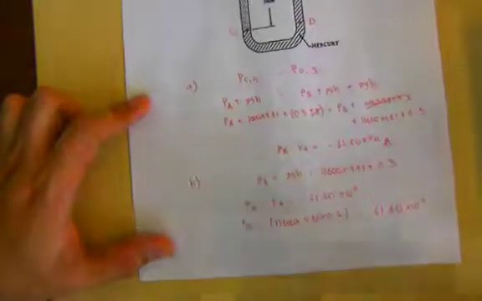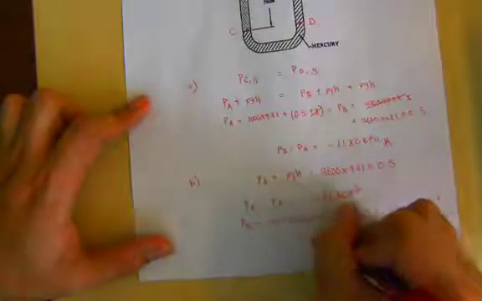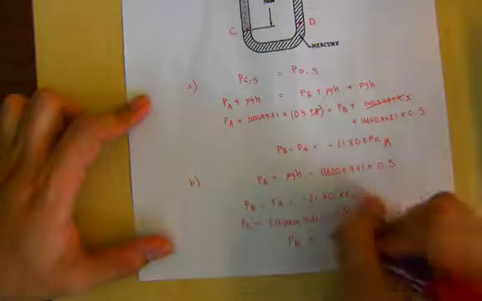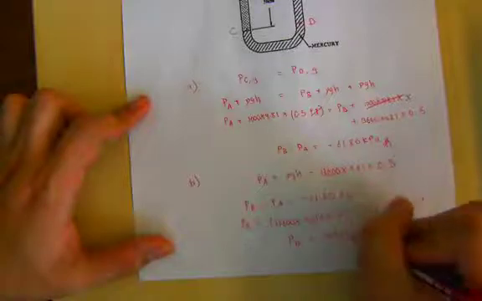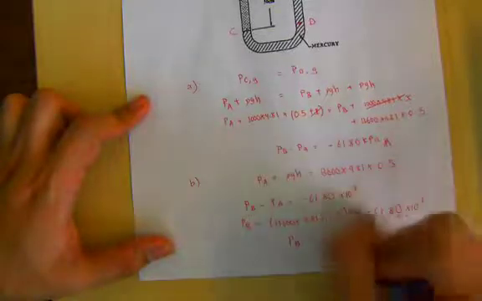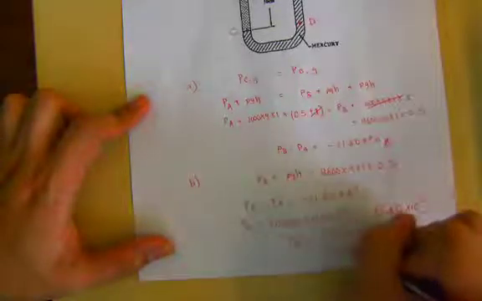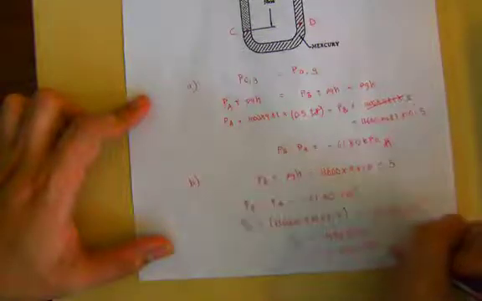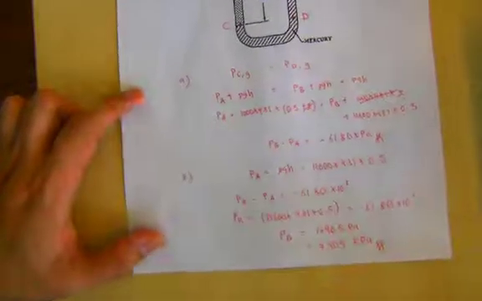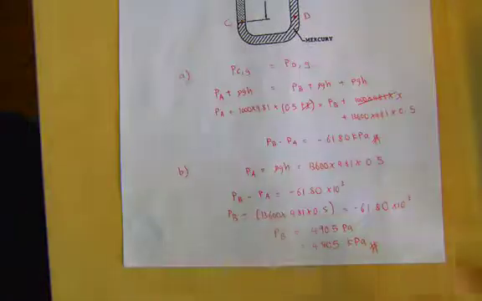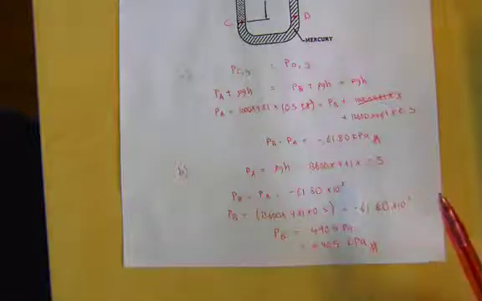In this case this is kilo, so I must times 10 to the power 3 to make it the same units. So here also times 10 to the power 3. So from here I can work out my PB to be 4905 Pascal or 4.905 kilopascal.